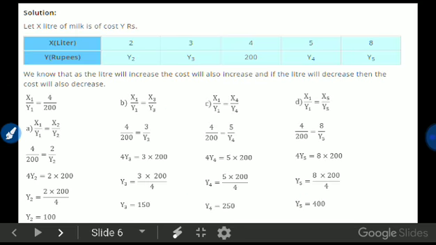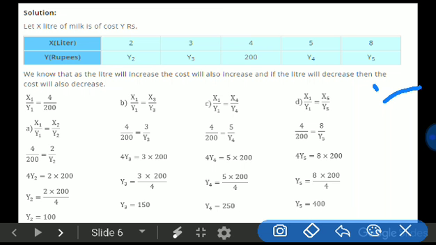Now here we have created a tabular form. We have to find the value of y2. First of all, we need to find the value of x1 upon y1, which is 4 upon 200. After solving, we get the result of y2 as 100 rupees.